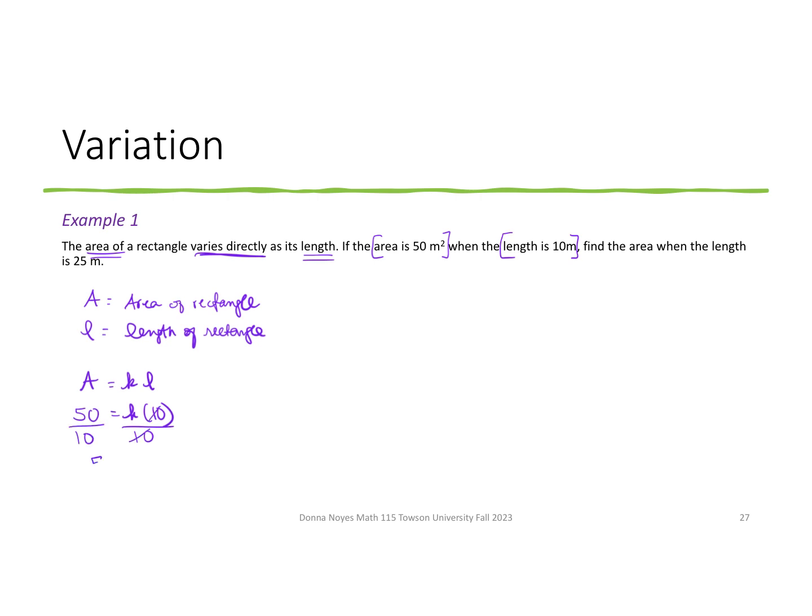So that tells us that 5 is equal to k, which means we can now rewrite our formula: A equals 5 times L. Now find A when L is 25. So A equals 5 times 25, or 125 square meters.